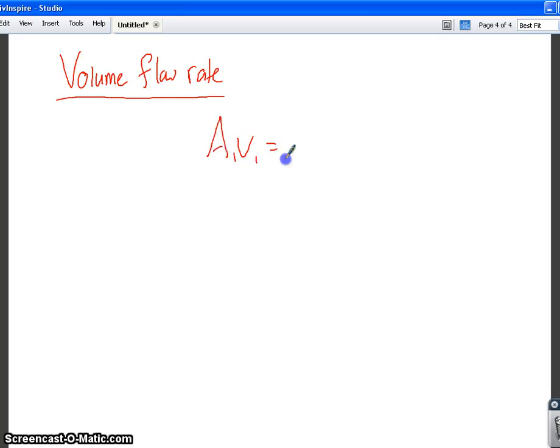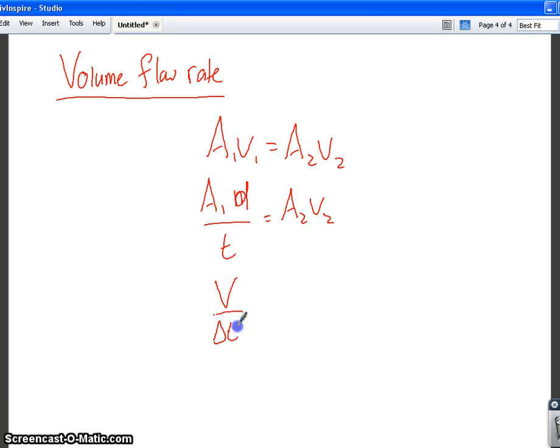A1 V1 equals A2 V2. Well, if we manipulate this side right here, velocity is the same thing as distance over time, A2 V2, and area times distance or area times height is equal to volume. So volume over time equals A2 V2.